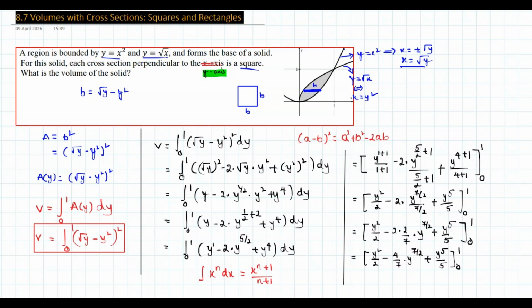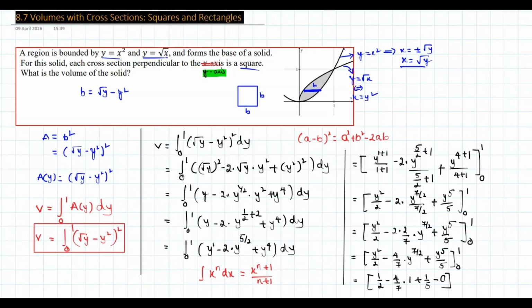Okay, so substitute the limits. When you apply the upper limit, 1 squared over 2 is just 1/2, minus 4 over 7 times 1 to the power 7/2, which is just 1, plus 1 to the power 5 over 5, which is just 1 over 5. When you apply the lower limit 0, you can see all the terms contain y, so that becomes 0, right.